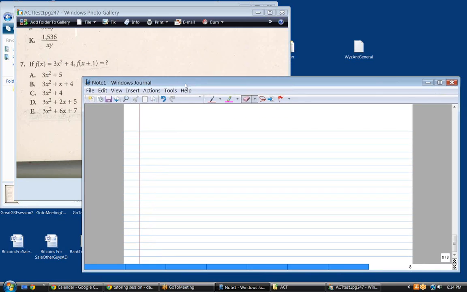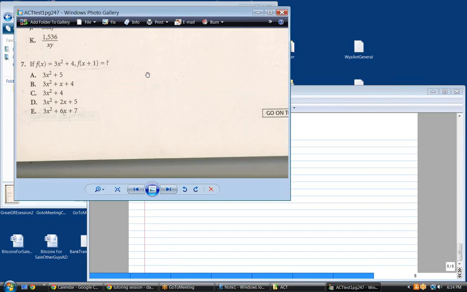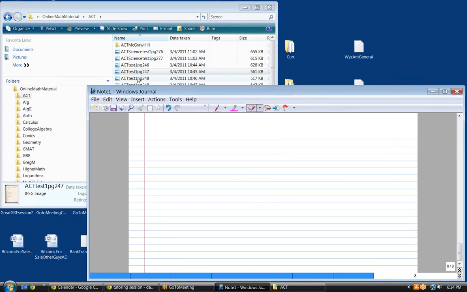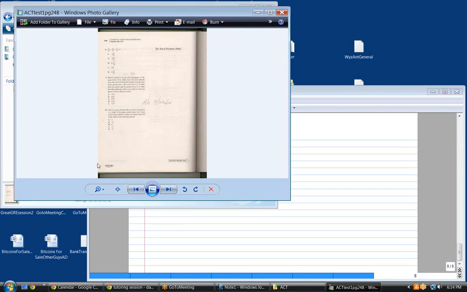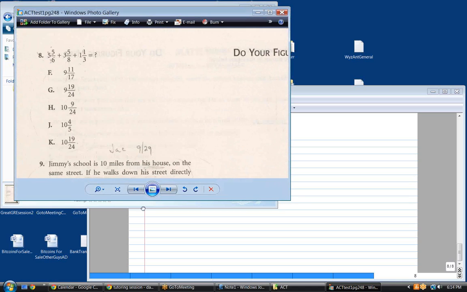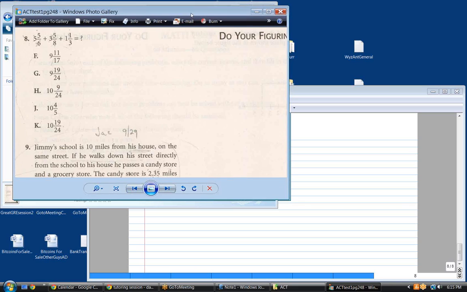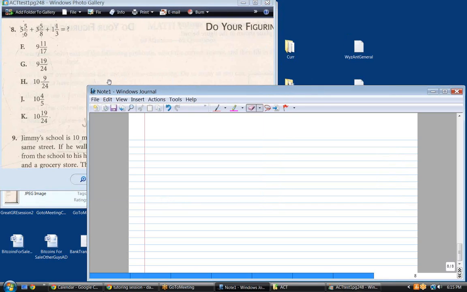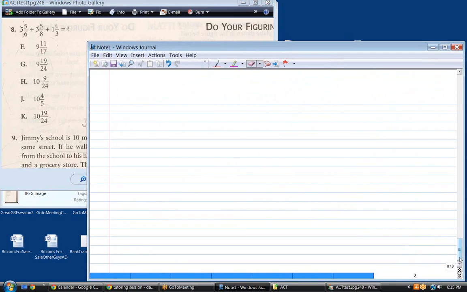Could you hold on one second? I have to let my dog out. Sure, I'll switch pages while you're doing that. Come on, go. You back?